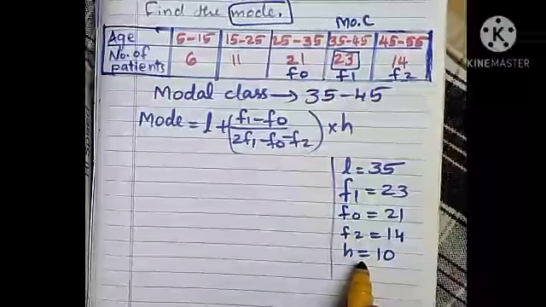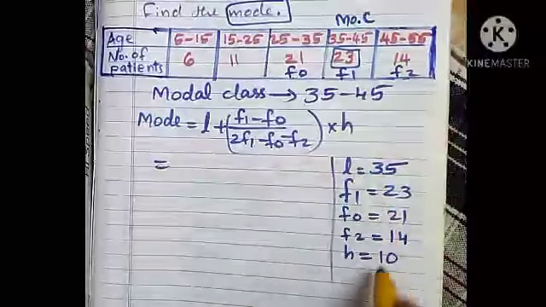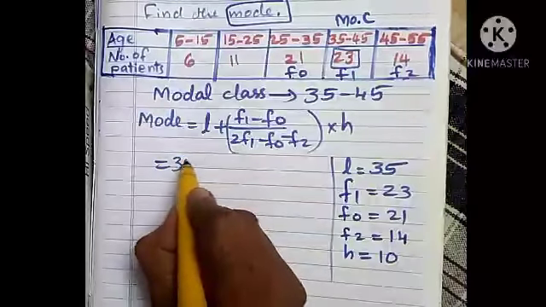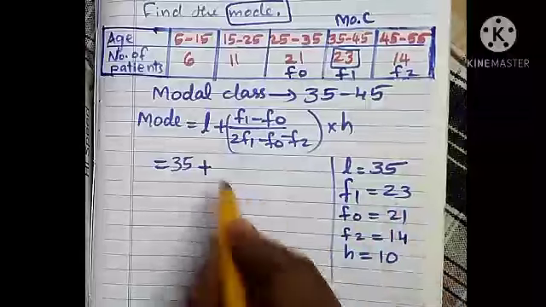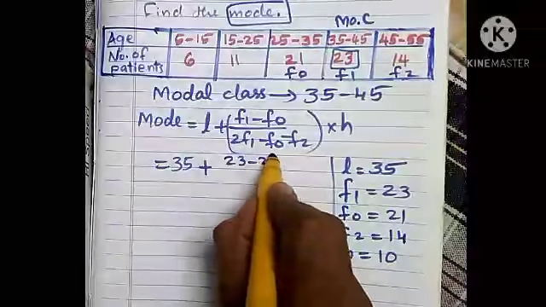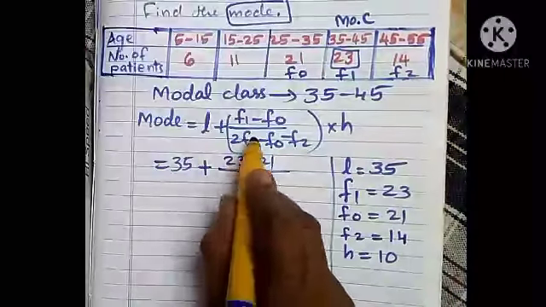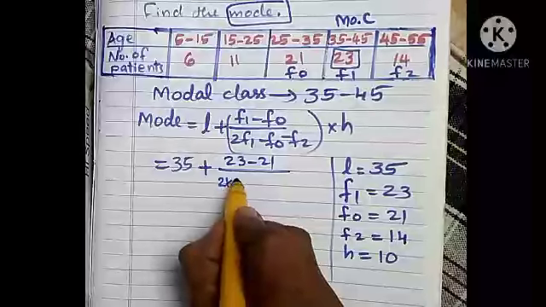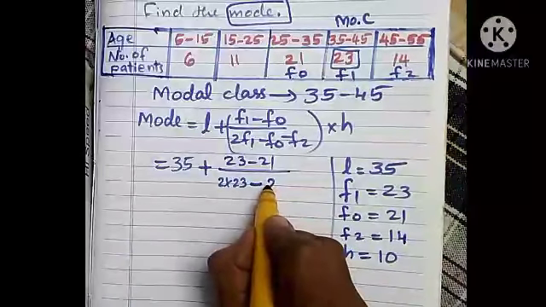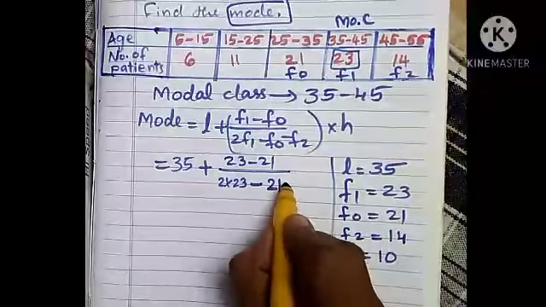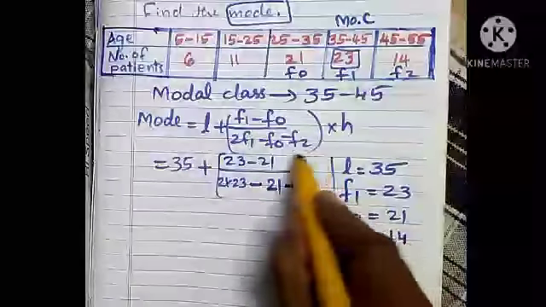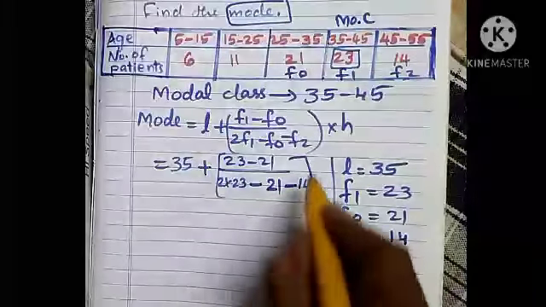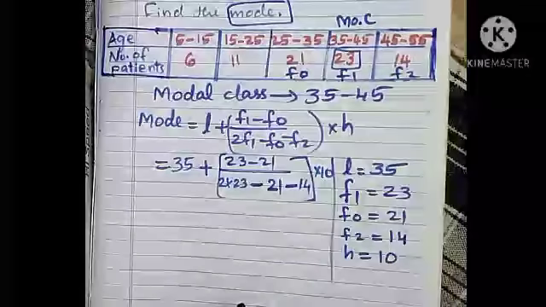Okay. Now we can substitute the values. You got all the values. So L 35 plus (F1 minus F0) means 23 minus 21, by (2F1) means 2 into 23, minus F0 means 21, minus F2 means 14, then this value into H, into 10.